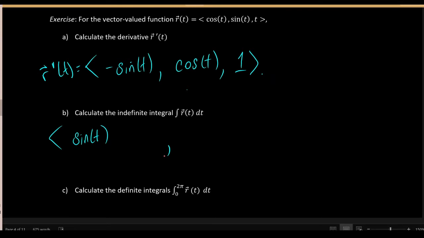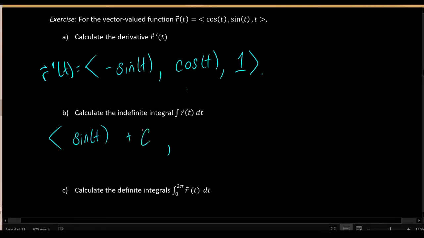What's missing, of course, is the infamous plus c. So I'm going to include plus unknown arbitrary constant. Same thing for the y component. The integral of sine with respect to t is negative cos plus some other arbitrary constant.